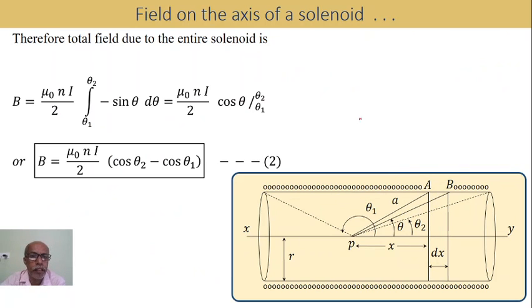This dB is only for the small portion of the solenoid which is AB. We want to find the magnetic field due to the entire length of the solenoid. In order to determine the magnetic field at point P due to the entire length of the solenoid, the above expression will be integrated between the limits theta 1 and theta 2.